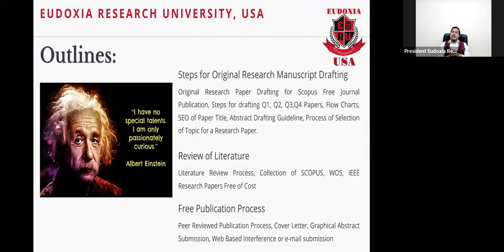Before sharing the outline, I would like to start with a quotation by Albert Einstein. He said, "I have no special talents. I am only passionately curious." I'm pretty sure that some of you are really passionate and curious about research.